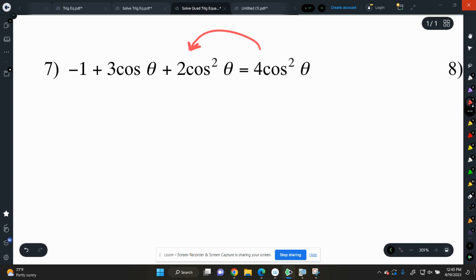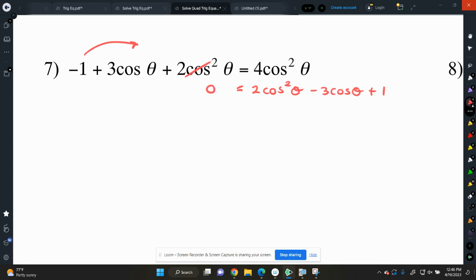So I'm going to subtract the 2 cosine squared, so I get 2 cosine squared over here. That takes care of that. Now I have to move everything else over. Okay, so I'm going to have minus 3 cosine theta plus 1. Everybody okay with that? All right.